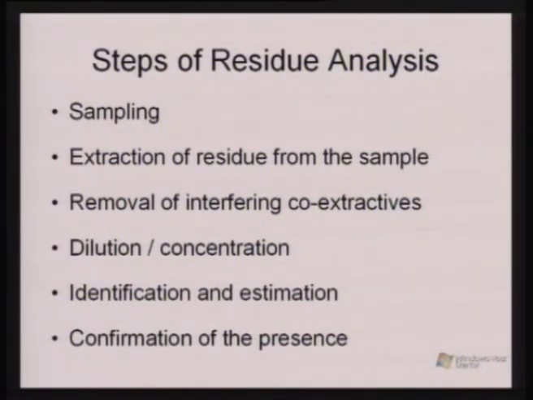So sampling is very important. To have a very good sampling, we need to have a large volume of samples, mix the sample properly, and draw a representative laboratory sample, so that you will get uniform results from a particular sample.